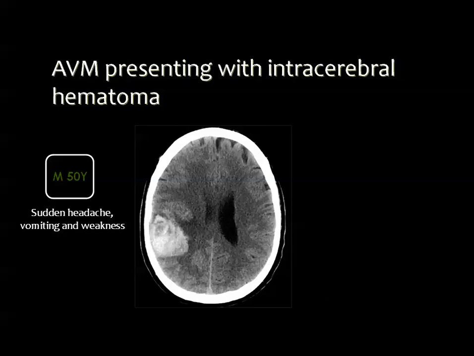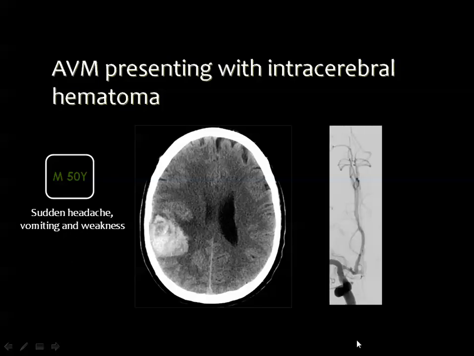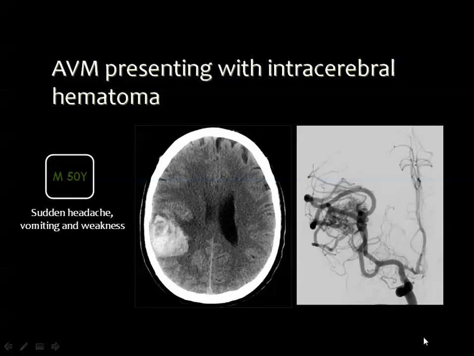But this bleeding, which is on top of an arteriovenous malformation or other vascular malformation, will occur in an unusual site and usually at a younger age. If you look here, you can see only hemorrhage in the posterior parietal area, in this patient with sudden headache and vomiting. Then this is the angiogram, which has detected an underlying vascular malformation.